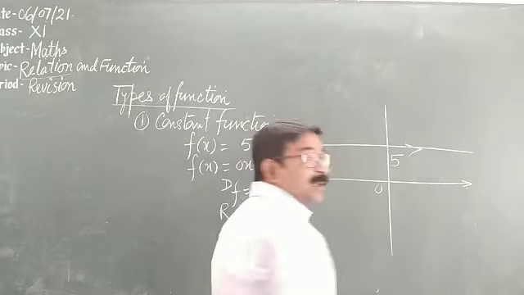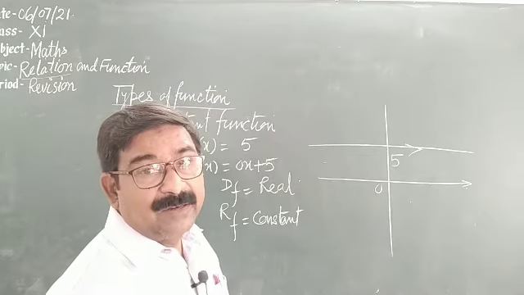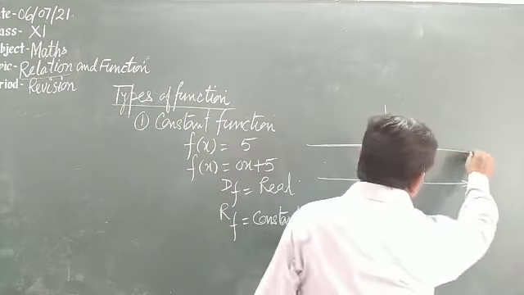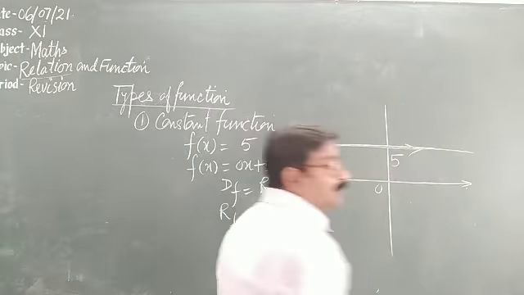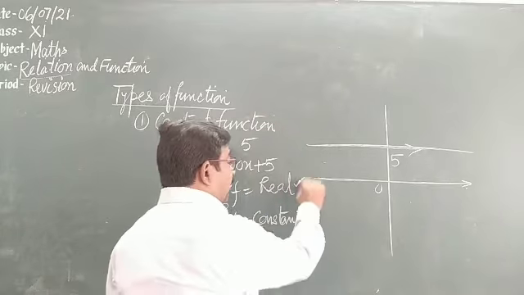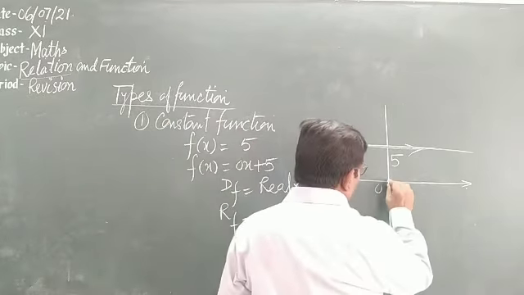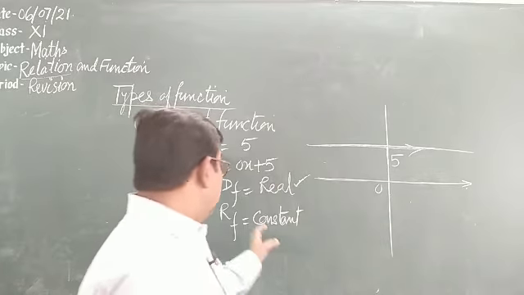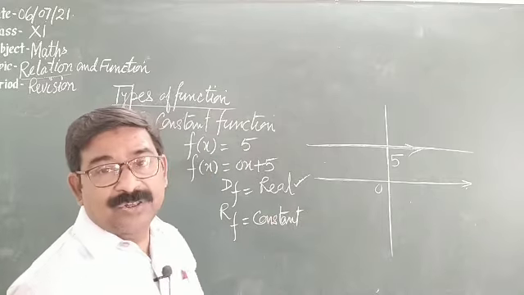This is parallel to the x-axis and above the x-axis at 5 units. Since it is parallel to the x-axis, and the x-axis means the real axis, the domain is all real, and this line is not going farther than this 5, so the range is constant.